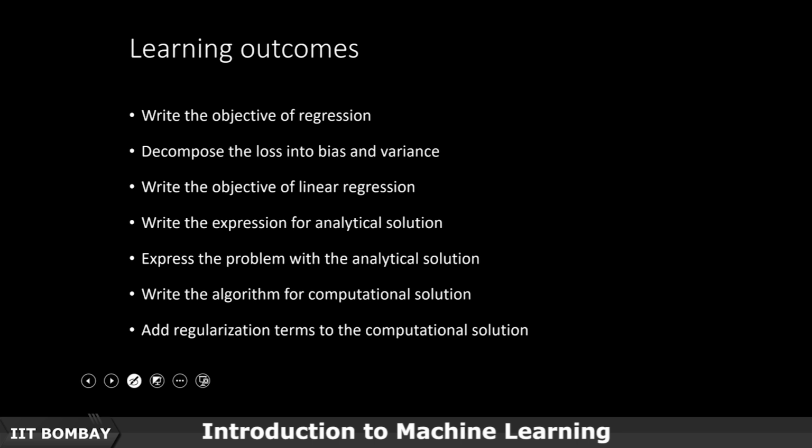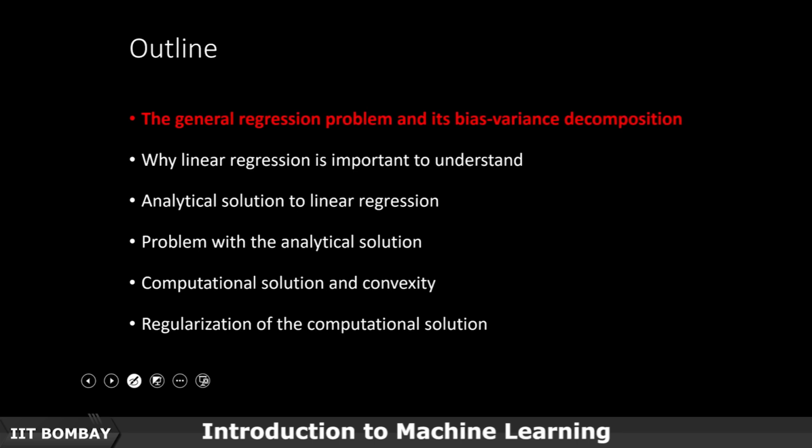Additionally, an advantage of using this computational solution is that we will be able to easily add regularization terms, and we will look at what regularization is in this module. So linear regression sounds very simple, but we will also look at how linear regression is applicable in situations where we actually require a non-linear solution.